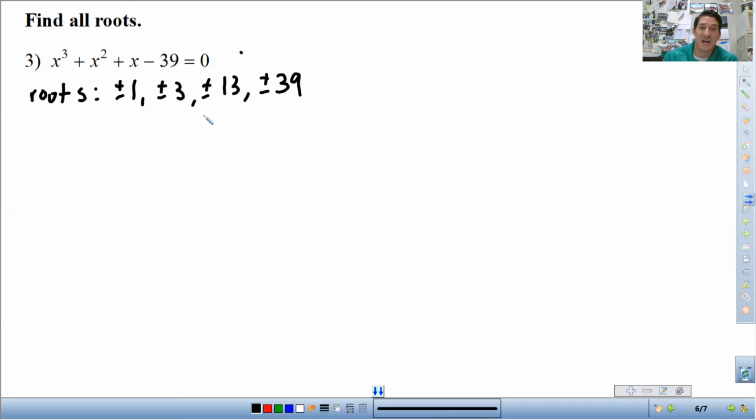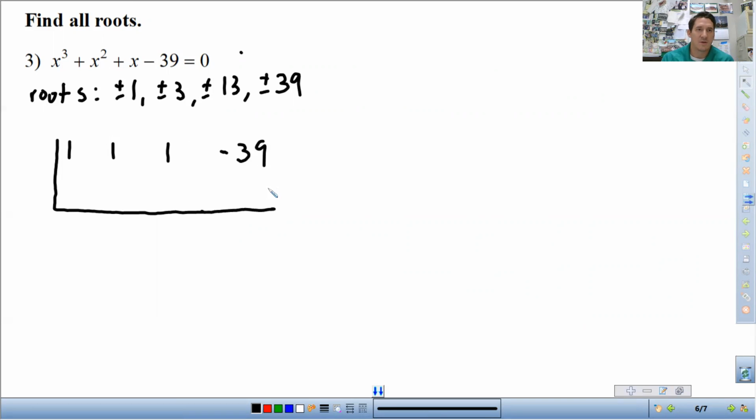It's just a guess and check to test which of these roots is a solution. And we use synthetic division. And when we come up with a problem that does not have a remainder, then we have our solution. So 1, 1, 1, negative 39. Whew. So it should be pretty quick. I'm going to start with 1. So I'm going to check to see if 1's a solution.